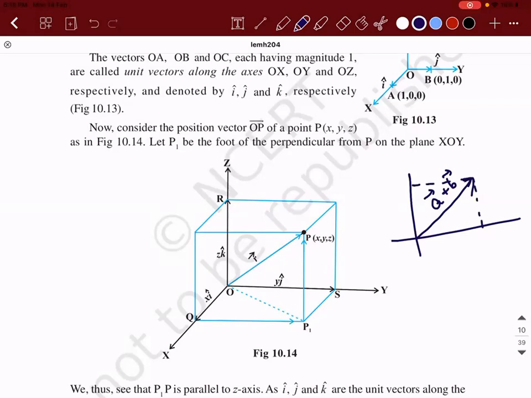If O is a starting point, you remember what the parallelogram law of vectors is? For the parallelogram law, if you have two coinitial vectors, then you can write the resultant.